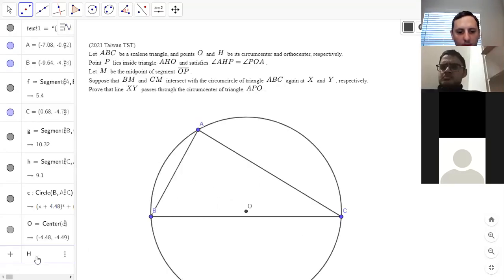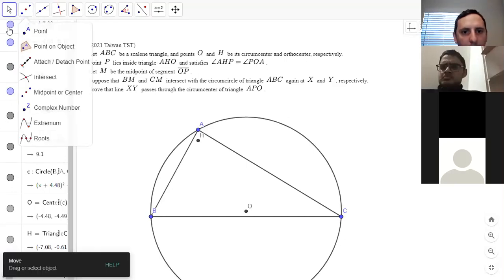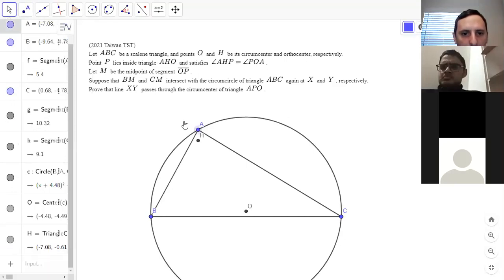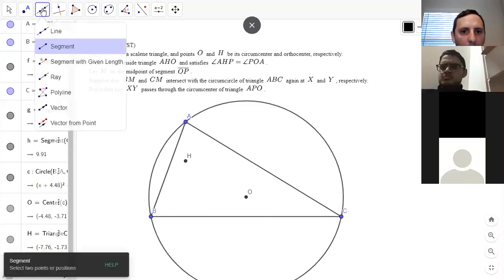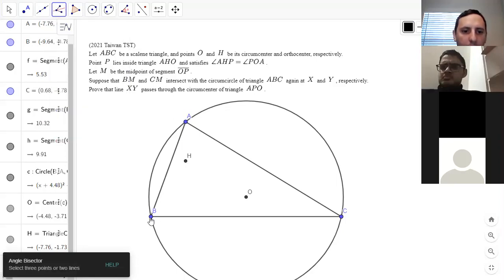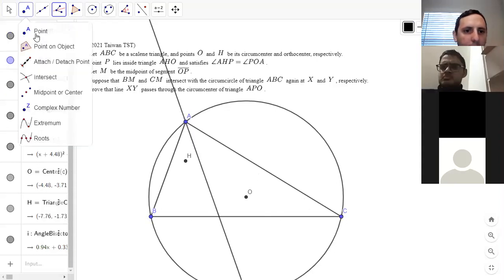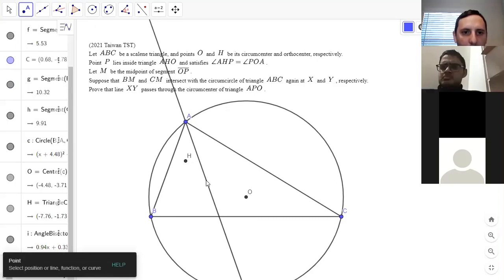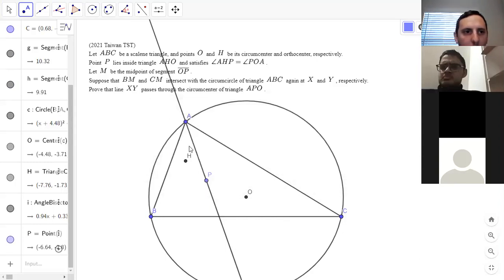So there's the orthocenter, and then P satisfies that AHP is equal to POA. Okay, so we have two isogonal lines. So we basically just draw the angle bisector because AH and AO are isogonal, right? So P is basically any point on the angle bisector of ABC. And then M is the midpoint of OP.